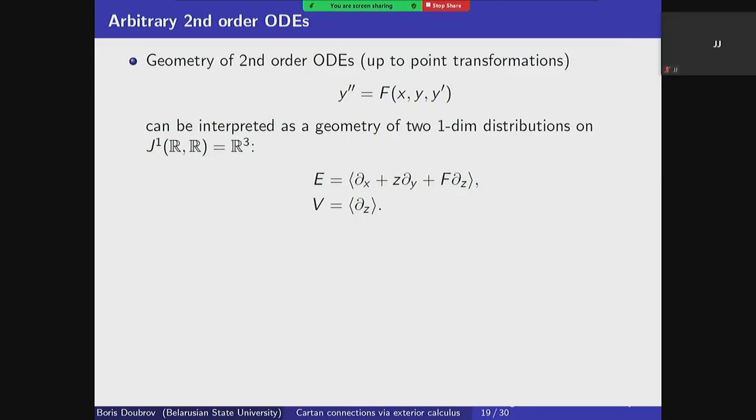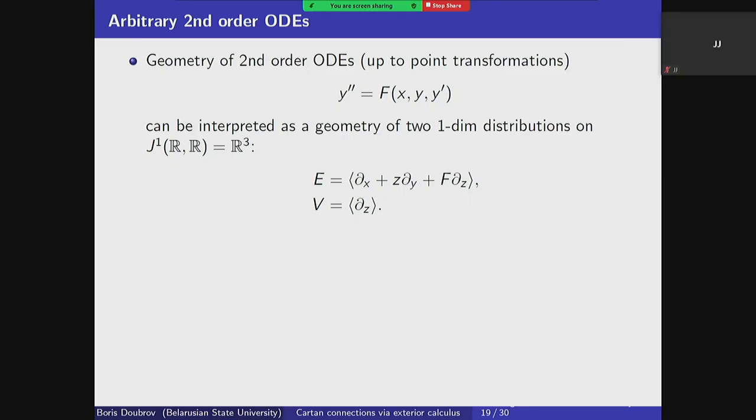So we can associate to another second order ODE another pair of directions. Two second order ODEs can be brought one to another via just a change of coordinates if and only if you can establish equivalence of these pairs of directions.